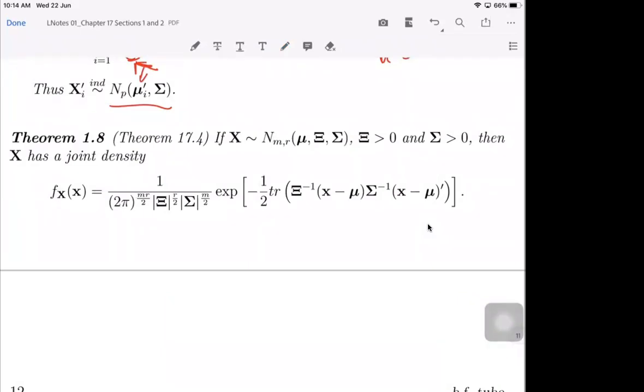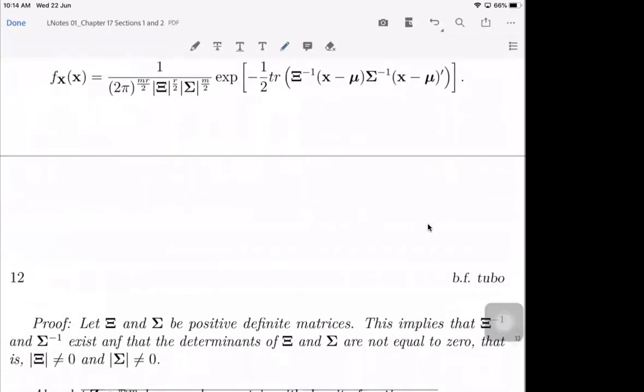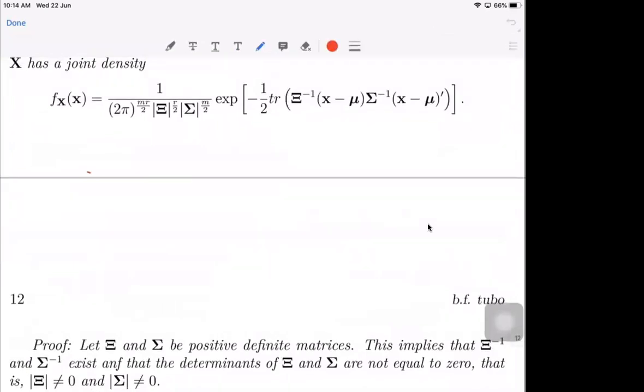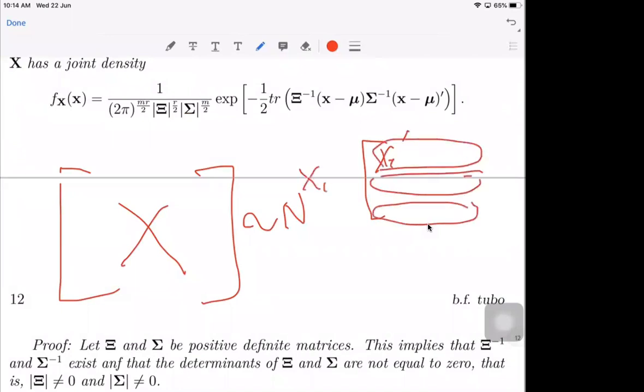Yes or no? That result says that the whole X is normally distributed, and that each component, like xi prime, is also normally distributed. Are you with me? Yes, ma'am. X1 prime, X2 prime. Each of them is also normally distributed.